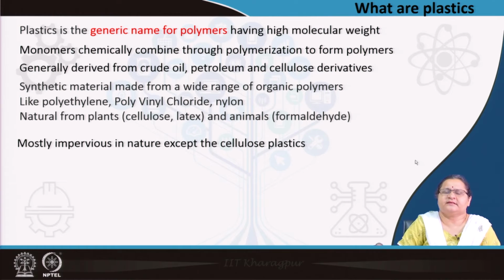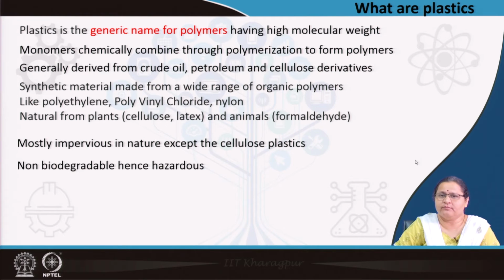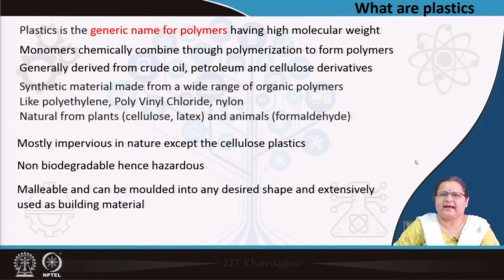Now, these are mostly impervious in nature if it is not organically derived, that is the cellulose plastics. It is non-biodegradable, so that is again a negative point. So, it does not get degraded easily. It is malleable and can be molded like metals.